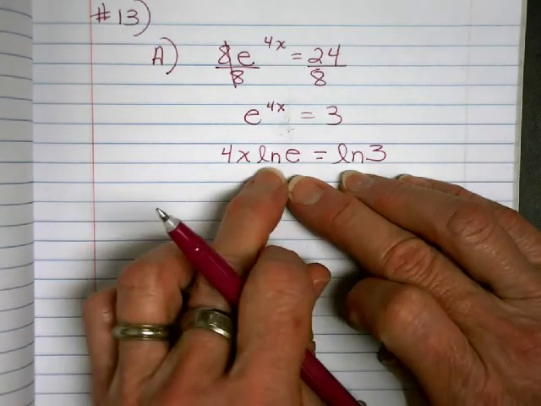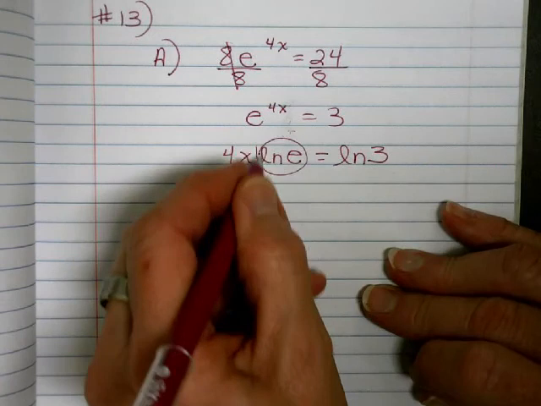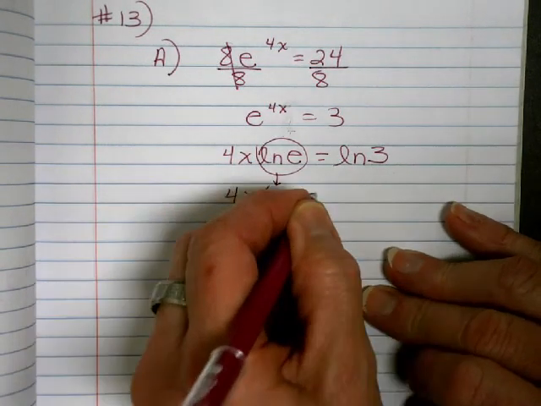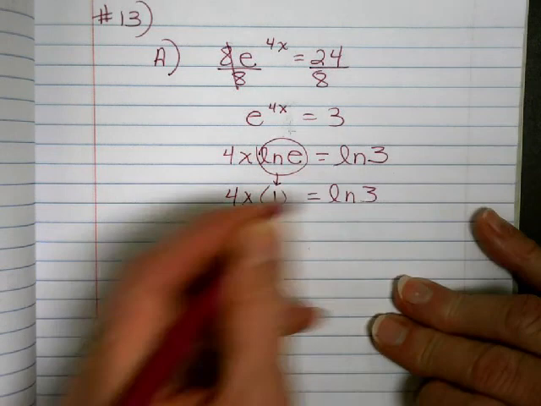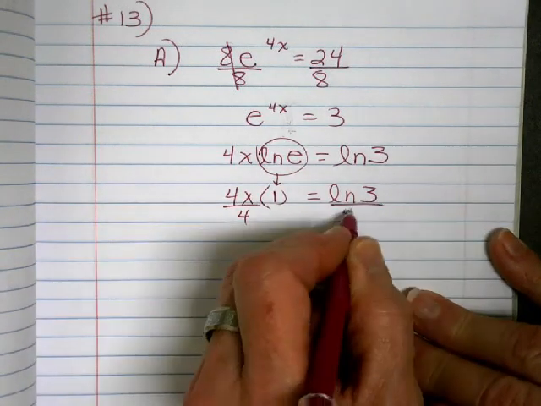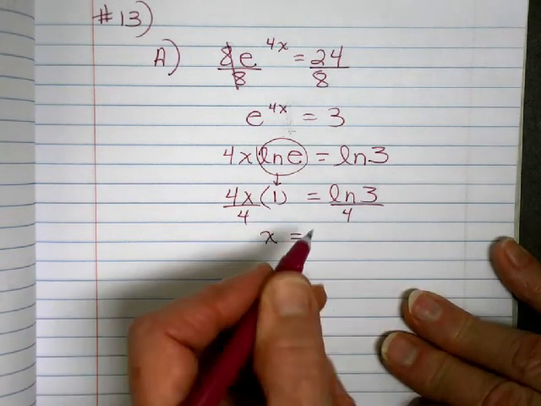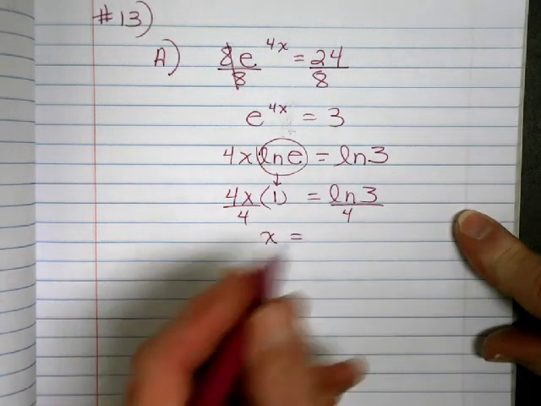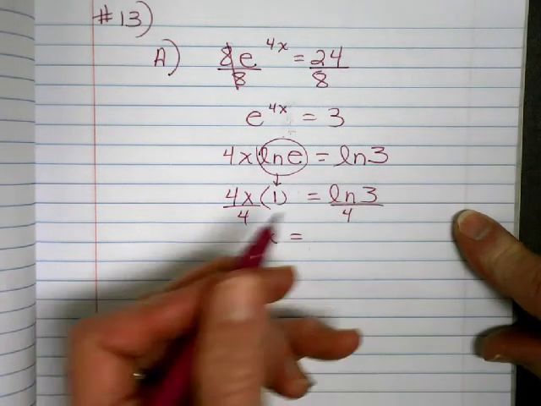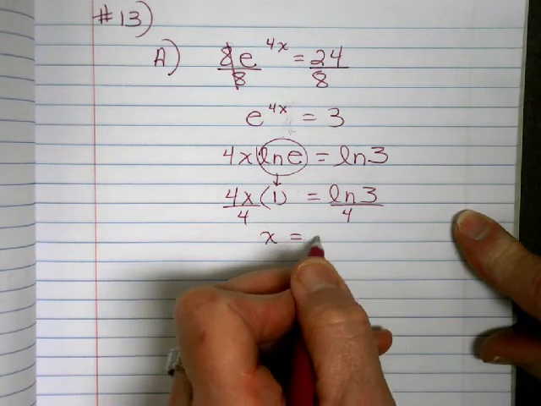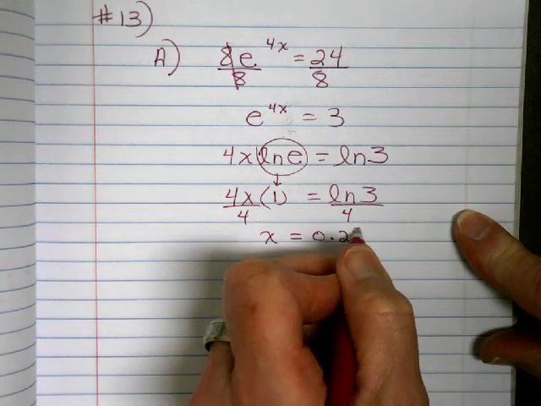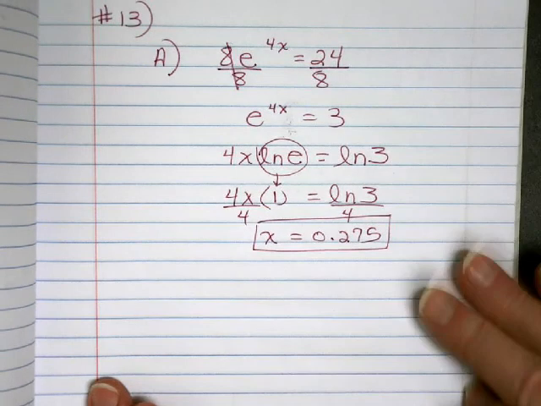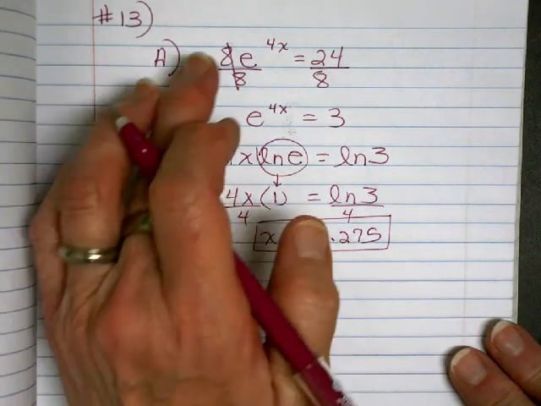This morning I forgot to take the natural log of the other side as well. I just get happy when I can take this as a value of 1, remember? So it's just 4x is natural log of 3. So x is, and you don't have to type that in. You could just put in your calculator the natural log of 3 over 4, and that is 0.275.